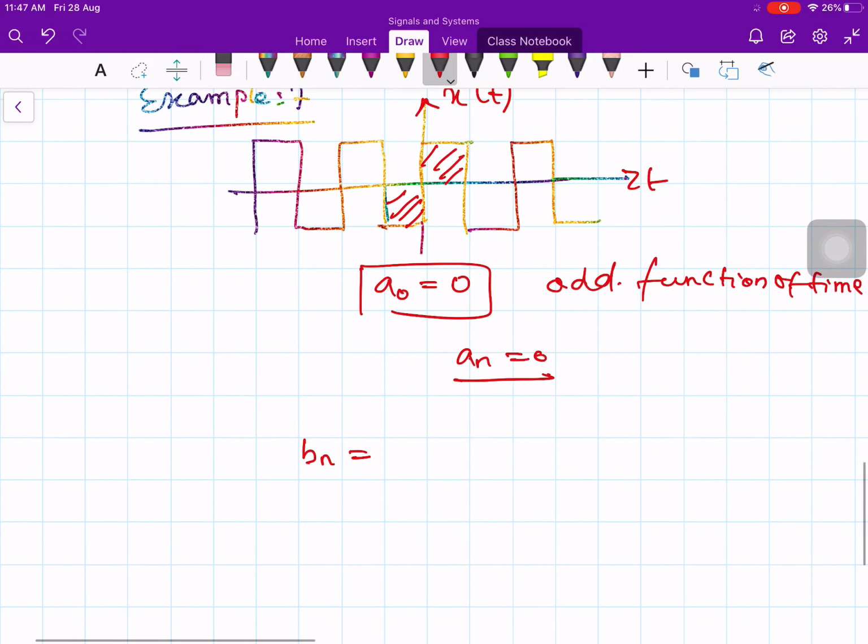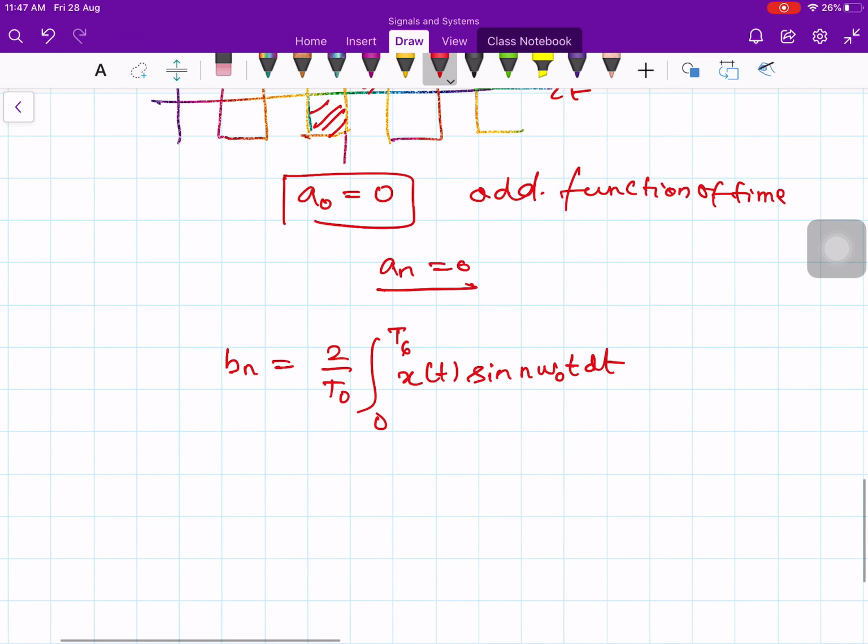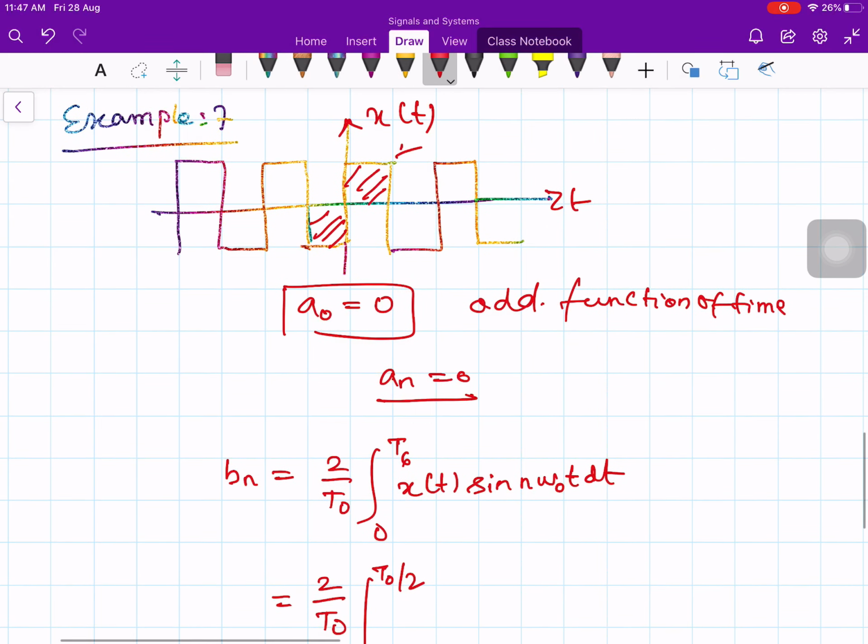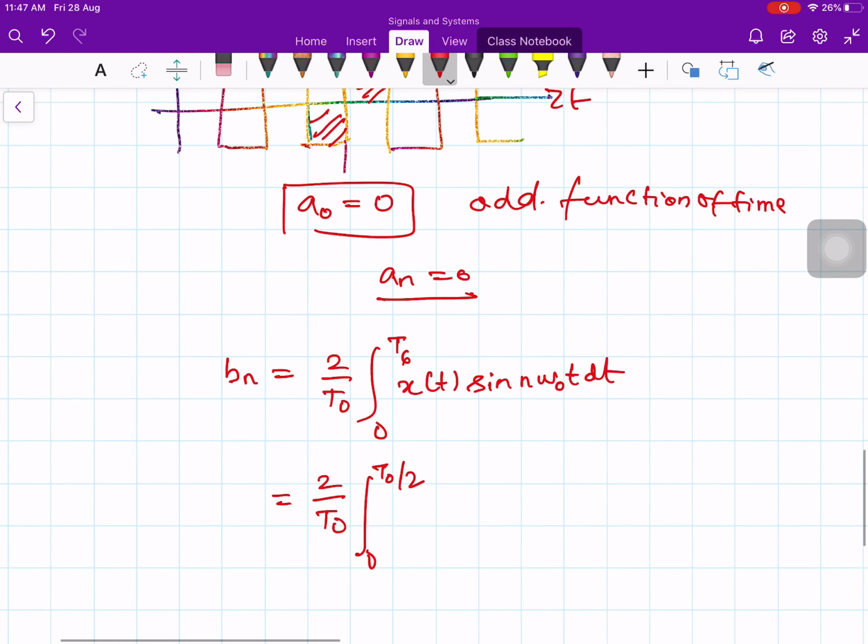So what is the formula for Bn? 2 over T naught, integral of 0 to T naught, x of t sine of n omega naught t dt. This is the formula. Now you break this integral into two parts: 2 over T naught, integral 0 to T naught by 2, where x of t has a constant magnitude a, so a times sine of n omega naught t dt, plus 2 over T naught, integral T naught by 2 to T naught.